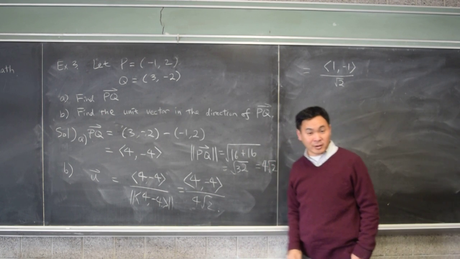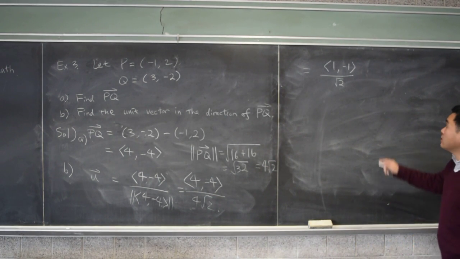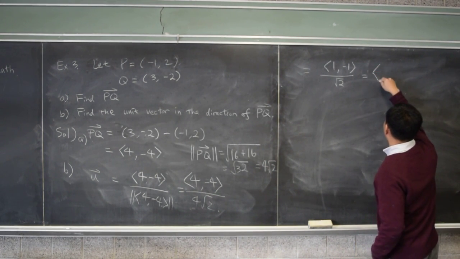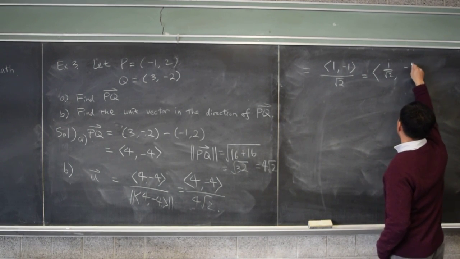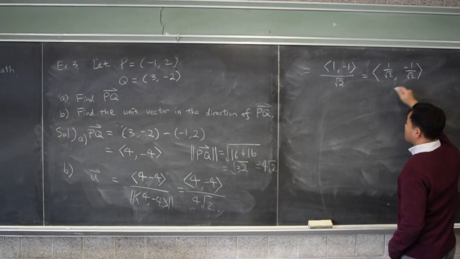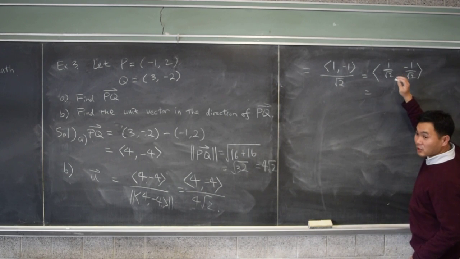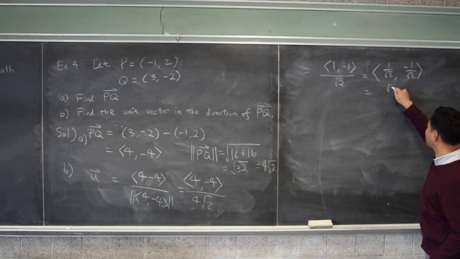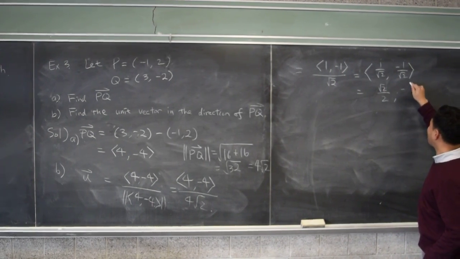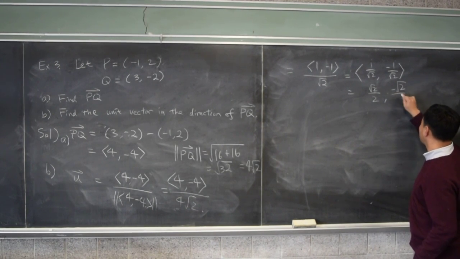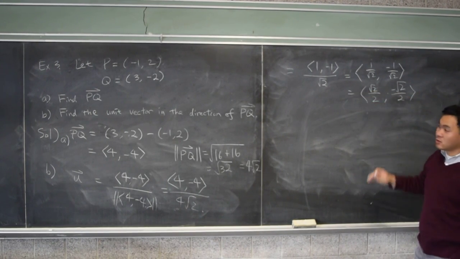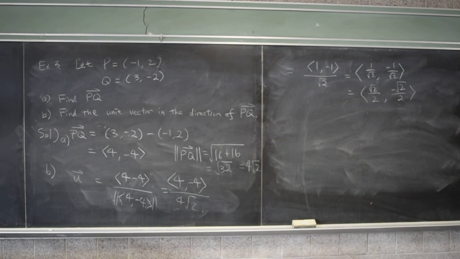So this is 1 over square root of 2, negative 1 over square root of 2. And if you multiply square root of 2 top and bottom, you get square root of 2 over 2. I have to rationalize the denominator. So that's how you resize it to make it into a certain length.